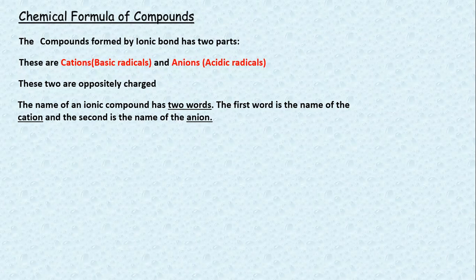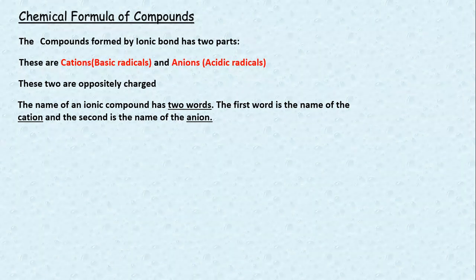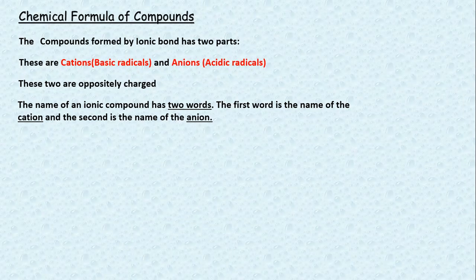So what will be formed? Sodium chloride, that is, common salt. Sodium is positive, chloride is negative. So the first name is always the cation and the second name is always the anion. That is how we write an ionic compound.